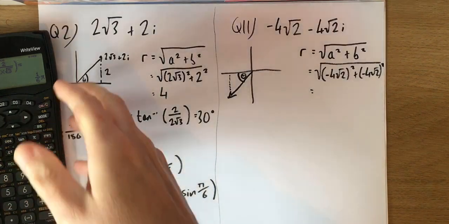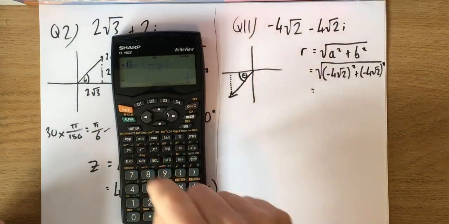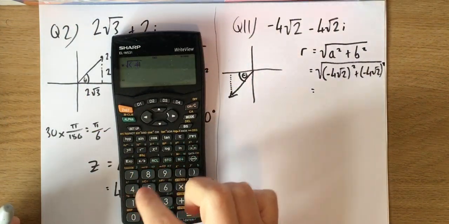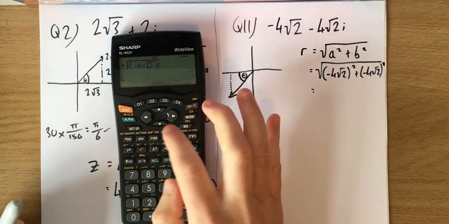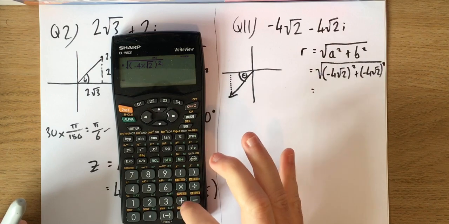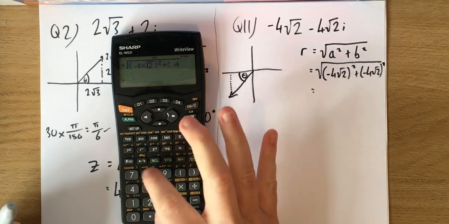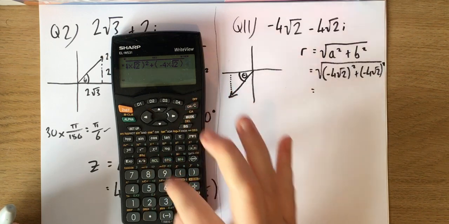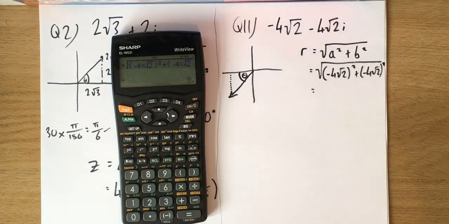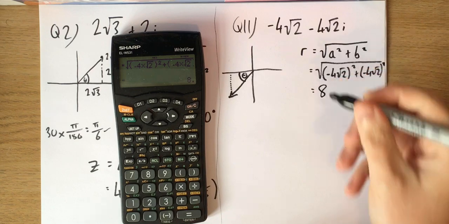Plug that into the calculator. Square root of minus 4 times root 2, to be squared, plus minus 4 times root 2, to be squared, and that is equal to 8. So my modulus here is 8.